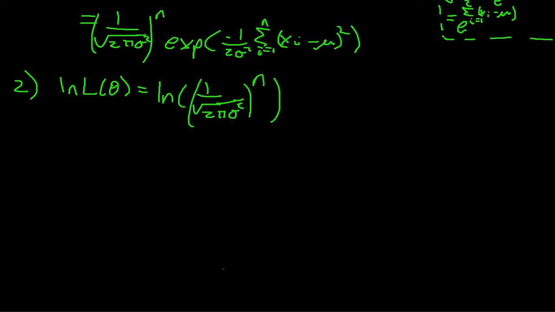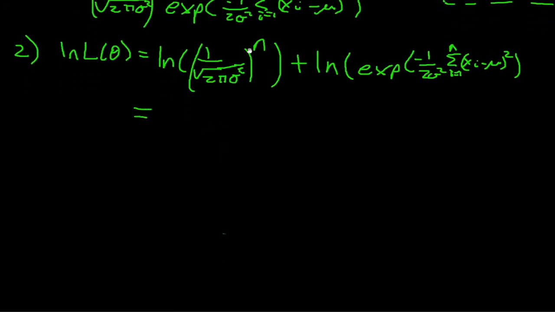And of course I assume you guys know the rules for the natural log. Raised to the power minus 1 divided by 2 sigma squared times the sum from i equals 1 till n of (xi minus mu) squared.